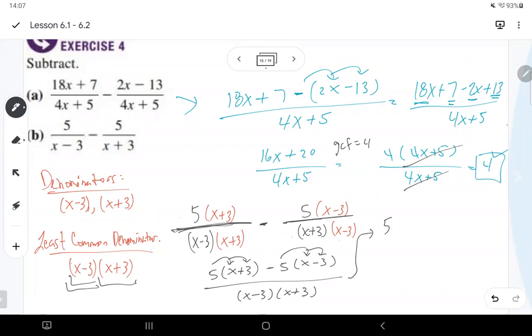So we'll have 5x plus 15. We'll have negative 5x plus 15 all over the denominator. So in this case, the 15s here actually cancel out. So actually, nope, sorry. The 15s do not cancel. It's the x's that cancel. Apologies.